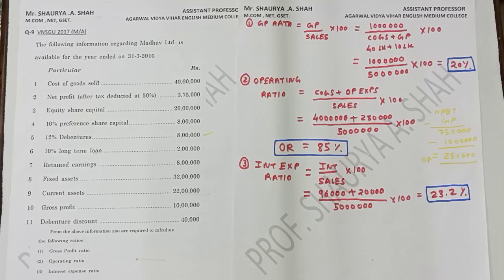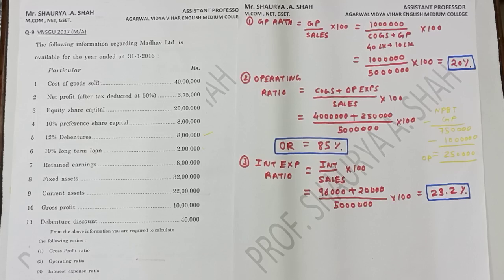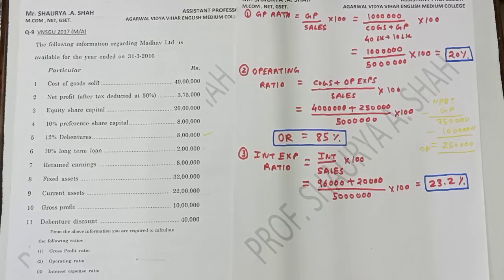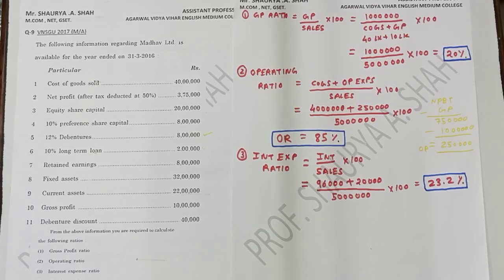Now the next you need to find out is your proprietary ratio, right? Now what is proprietary ratio, students? Proprietary ratio is related to the funds of the owner, that is proprietor's fund, right? So I suppose you all must be remembering the formula.